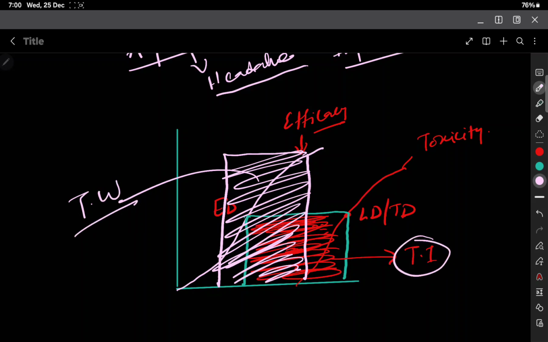So the therapeutic index is this one, and the therapeutic window is this one. Here this one is the minimum toxic dose, and this one, sorry, is the minimum effective dose. Minimum toxic dose and minimum effective dose. Okay, so that is the difference between the two.